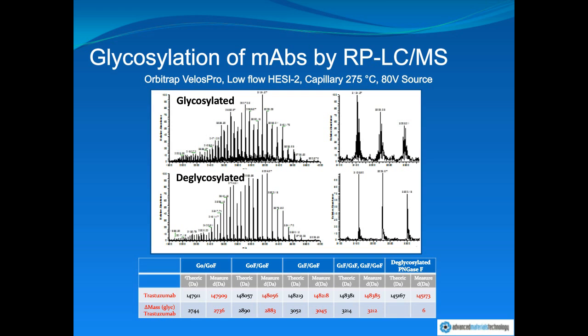With G0, G0F. The reason why there's two of each is, of course, it's on the right side versus the left side of that Y-shaped IgG molecule. So the moral of the story here is, yes, we can get high-resolution mass spectral data at high speed using this chromatographic approach with online mass spectrometry.